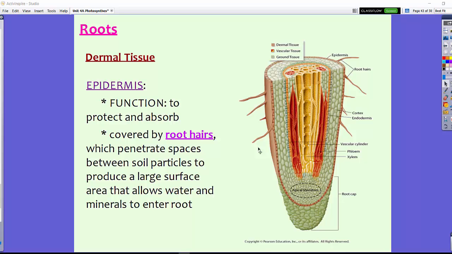This, in a way, is the same thing. It has these little root hairs to increase its surface area, to have more surface area to allow water and minerals to enter the root. So everywhere you see this brownish type of color, that is the dermal tissue.